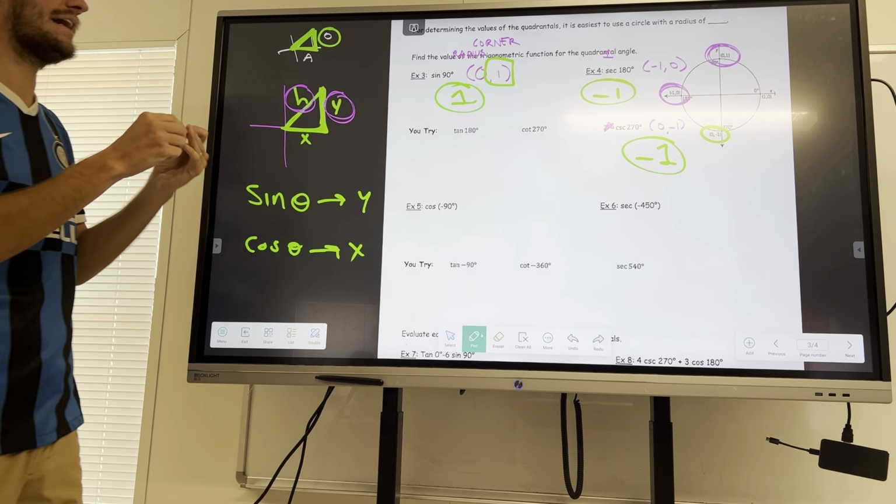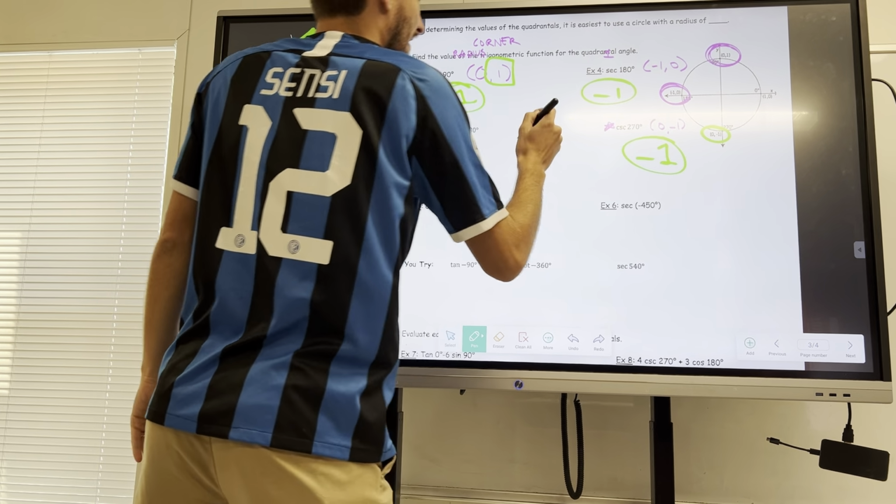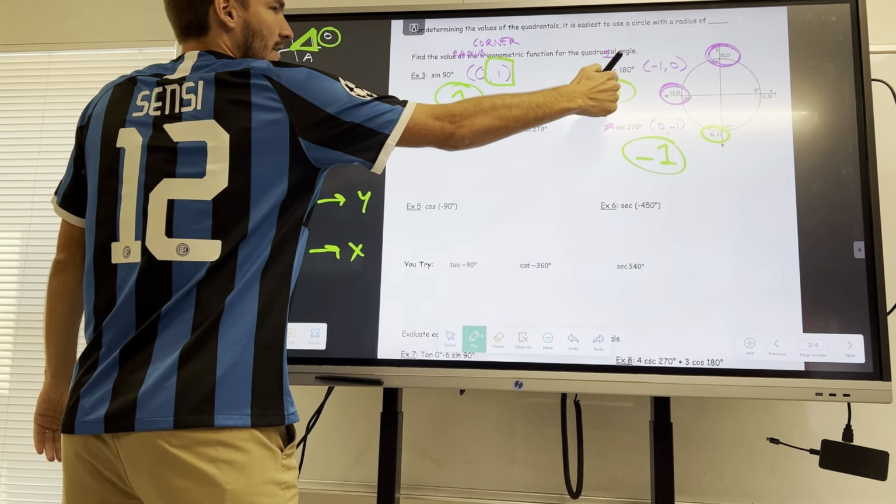So let's do tangent of 180. Well, here's 180. So this is -1 comma 0. Tangent is going to be kind of both those put together. Tangent is going to be opposite over adjacent. When it comes to sine and cosine, which one of these is the opposite function?